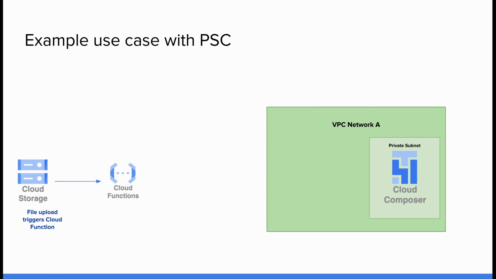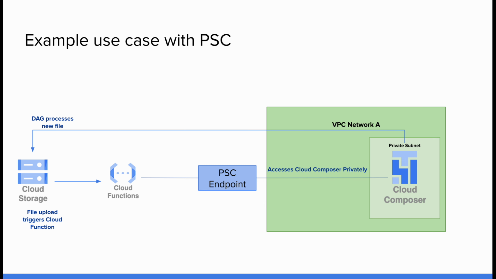This is where Private Service Connect comes in. With PSC, the Cloud Function establishes a secure private connection to Cloud Composer through a PSC endpoint in the VPC. And so this allows the Cloud Function to use the Airflow REST API over the private connection to trigger the specific DAG in Cloud Composer that would process the file that was uploaded.